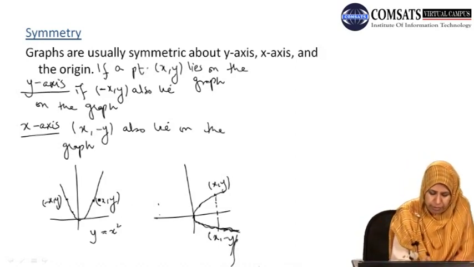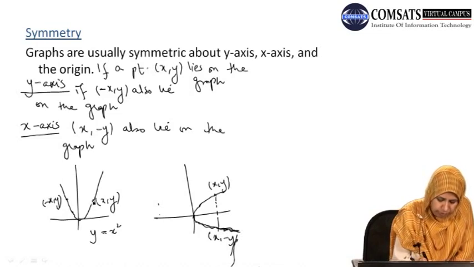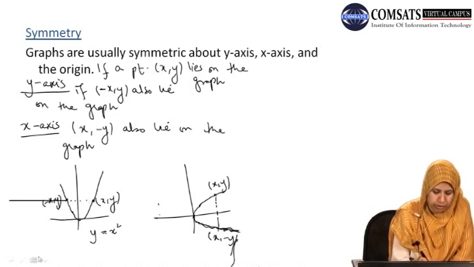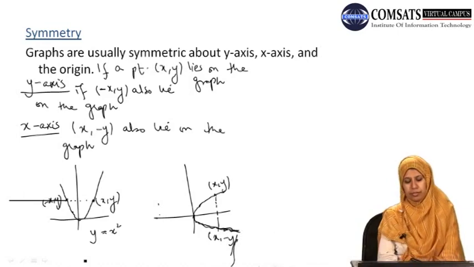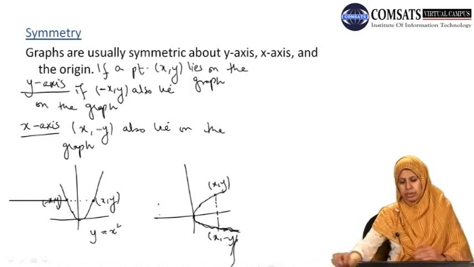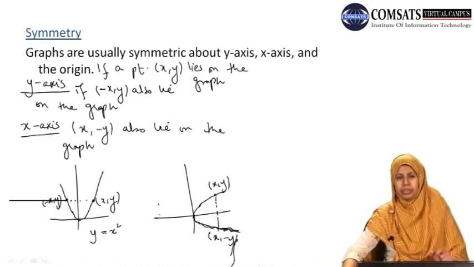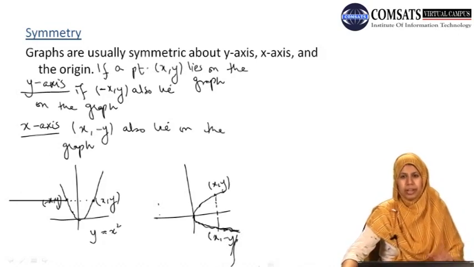In the case of symmetric about the y-axis, this point should also lie on the graph. So this is what we mean about the symmetries about the y-axis and x-axis.